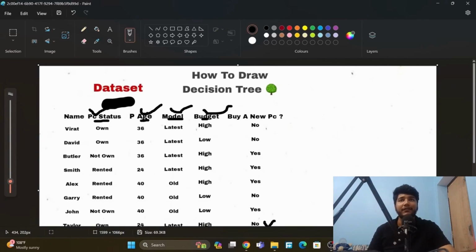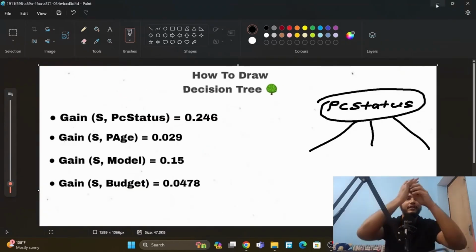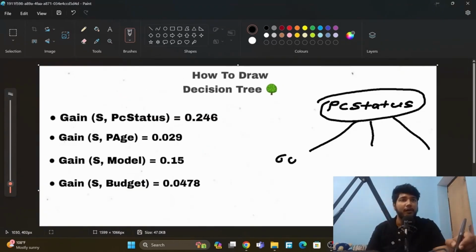For example, if model was the root node, we would see latest and old, all the values which were here, we would put in edges. But here it is PC status, so we will put on, not on, and rented.